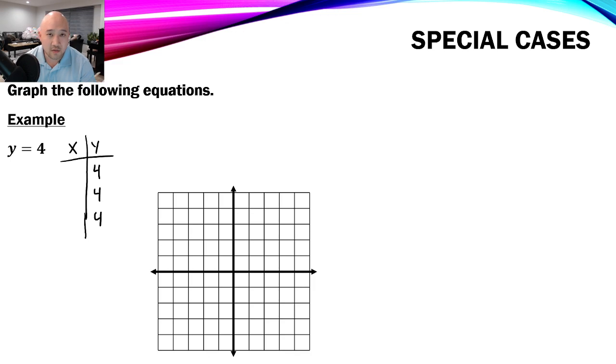So just think of some random x values. Let's say I did like -2, 0, and 1, right? No matter what your x value is, your y value will always be 4, right? And if I have a table like this and I asked you to graph these values for this table, notice what's going to happen. If I do -2, 4, just to do a quick recap, right? This means that your coordinate is -2, 4.